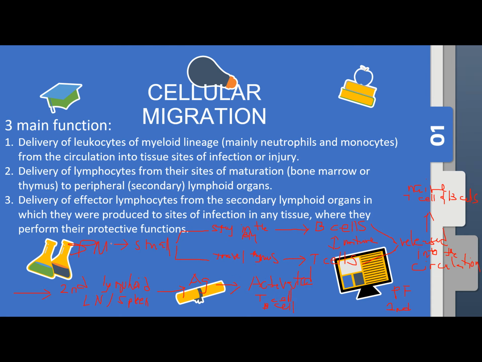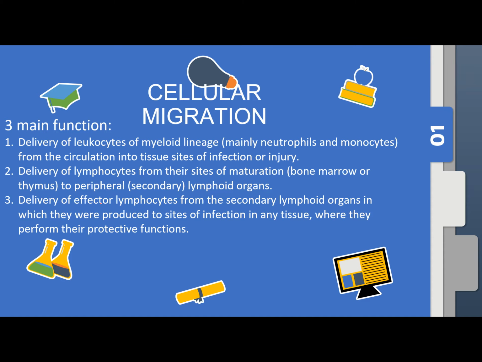And if there is an activated T cell or B cell, class, the T cell, just to add on, could either become your T helper or your T cytotoxic, while the B cell could become a plasma cell or a memory cell, if you still remember in the previous module. So that's basically your function number two. But we'll explain that further in the coming slides. So I hope that was clear.